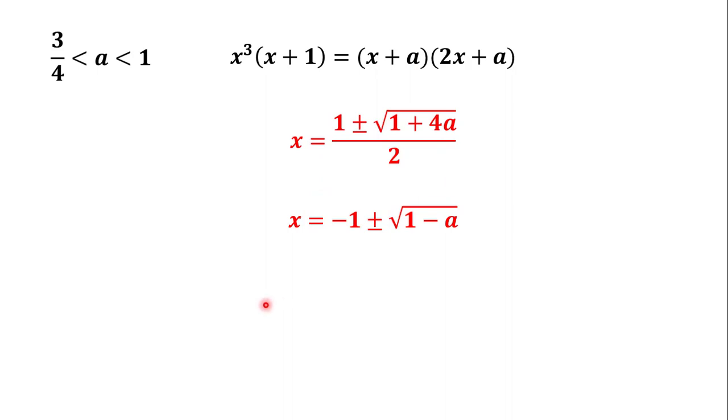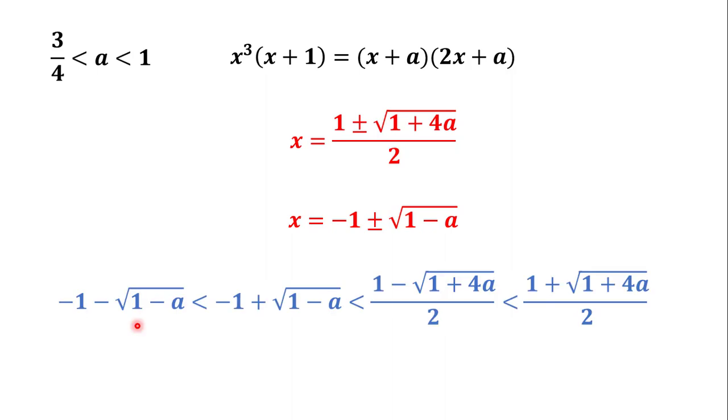We need to prove these real roots are distinct. As you know, minus 1 minus square root of 1 minus a is always less than minus 1 plus square root of 1 minus a. Also, you know 1 plus square root of 1 plus 4a over 2 is always greater than 1 minus square root of 1 plus 4a over 2.